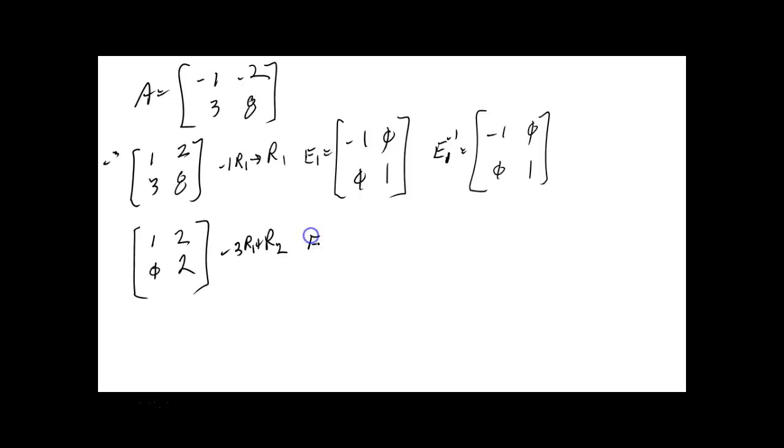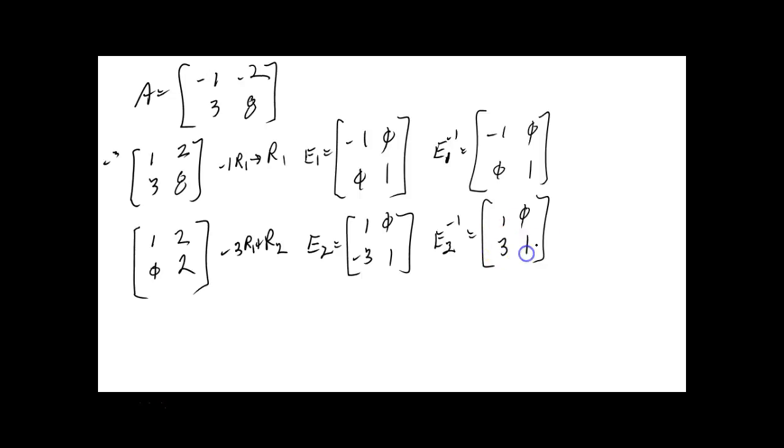Okay, so our E2 here was what? 1, 0, -3, 1. And what would have been its inverse? 1, 0, 3, 1. You're right, 3, 1.